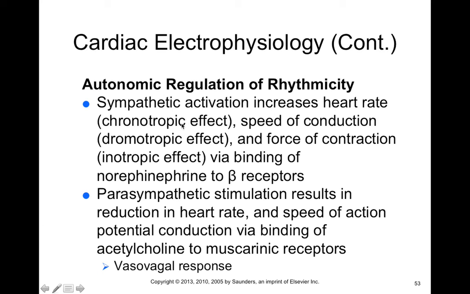We call this a chronotropic effect, as well as the speed of conduction or dromotropic effect, and the force of contraction, which is an inotropic effect. So we talk about epinephrine and norepinephrine as being positive inotropic agents, meaning they can stimulate the heart muscle to contract more strongly by binding to beta-1 receptors in the heart, which influence calcium regulation in the heart, which we talked about earlier.